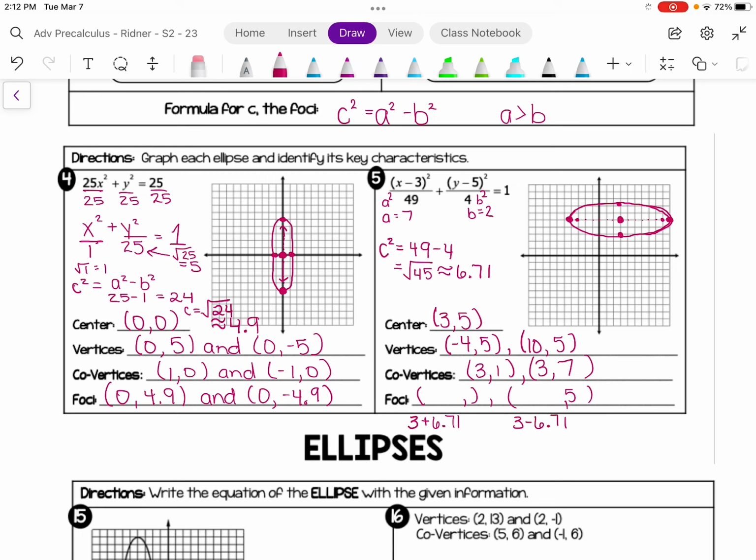So I will get 9.71 comma 5, and then I will get negative 3.71 comma 5.